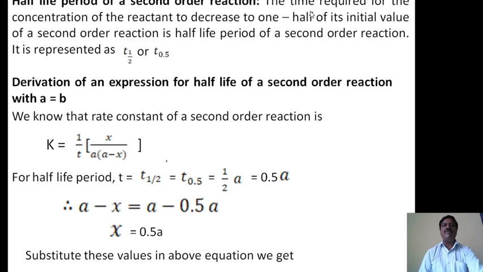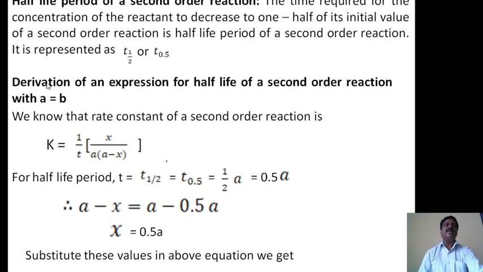The time required for the concentration of the reactant to decrease to one half of its initial value of a second order reaction is called half life period of a second order reaction. It is represented as T half, or T 0.5.